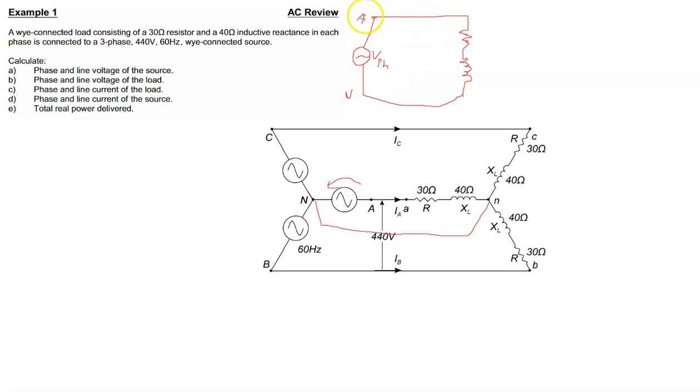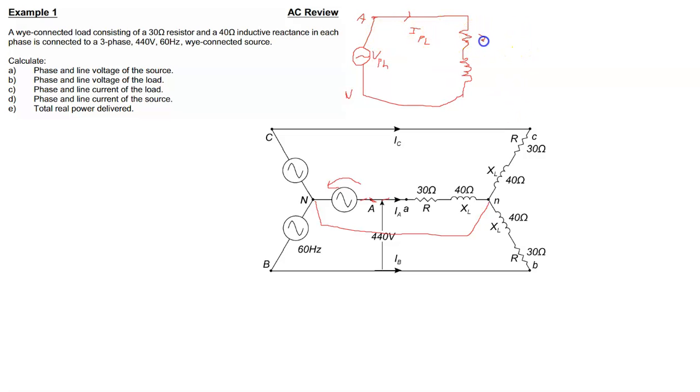And now this gives us a phase current, right? But in a Y-connected system, phase current and line current are equal, because where the phase turns into the line at node A, there's no current division. So I line has to be equal to I phase.